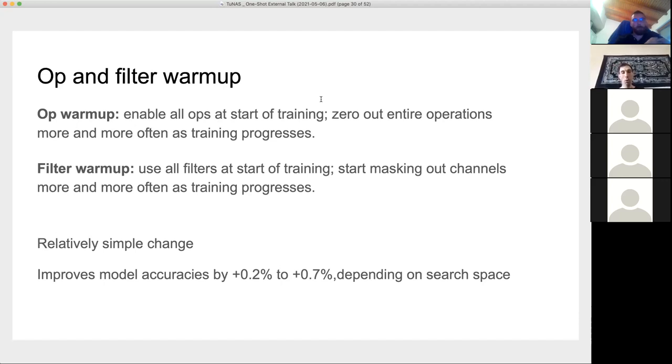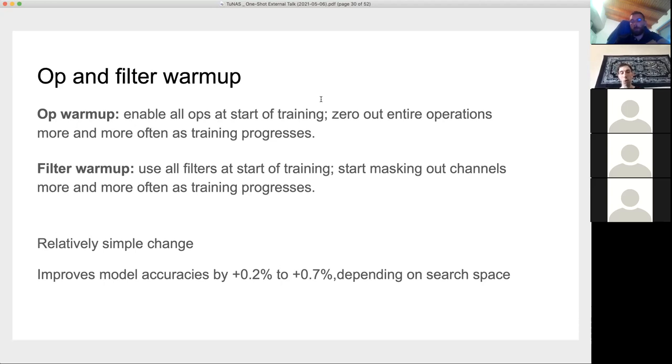So this is a relatively simple change to our training setup, but it's one that provided substantial boosts in the performance of the search architectures in some cases.